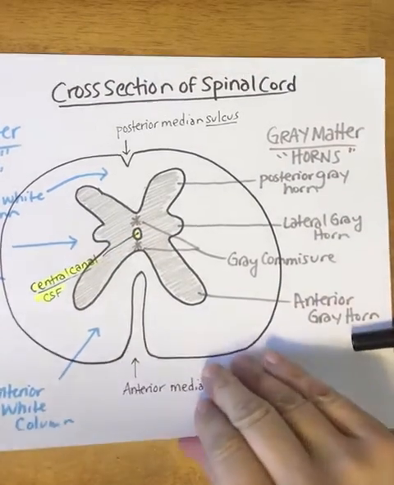All right, so continuing this cross section of a spinal cord. All right, so we're going to do it again. We're talking about the spinal nerves that come off of it. So spinal nerves come off the spinal cord.